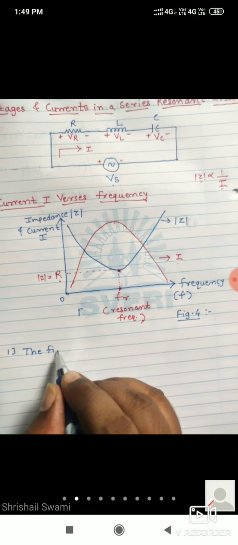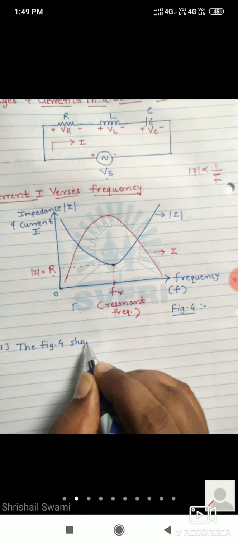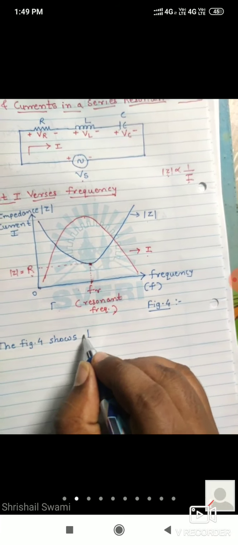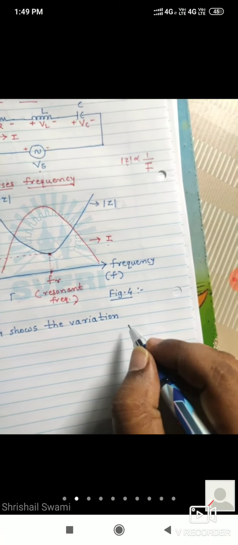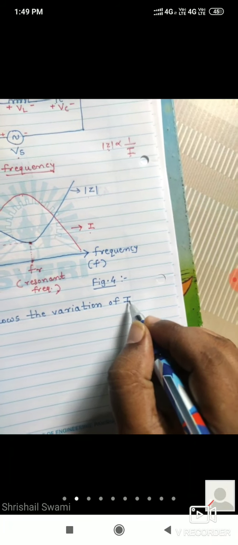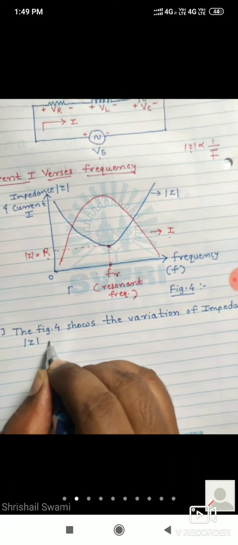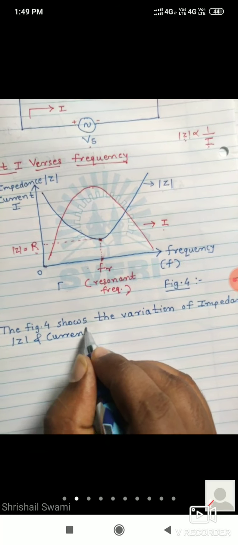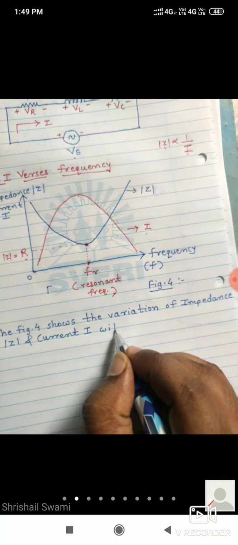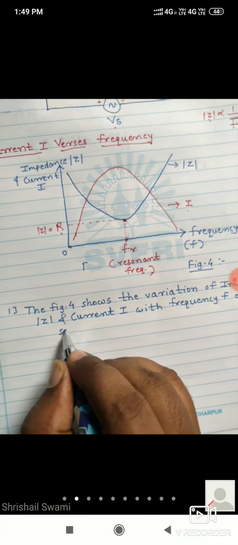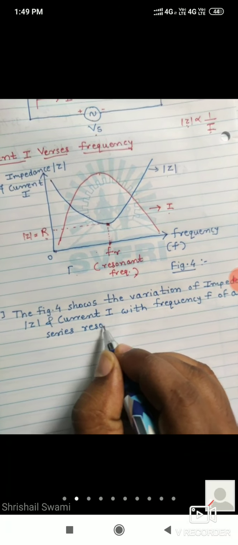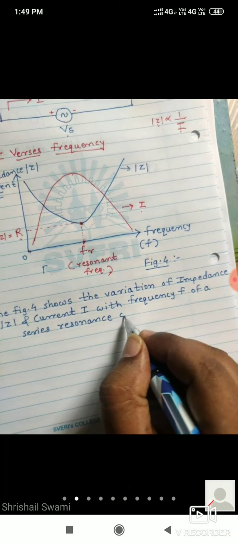Figure number 4 shows the variation of impedance Z and current I with the frequency F of a series resonance circuit.